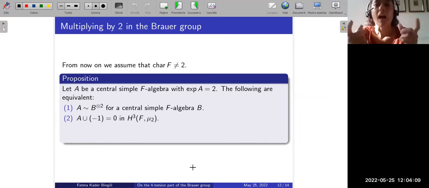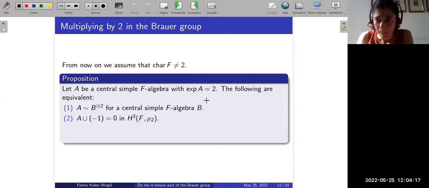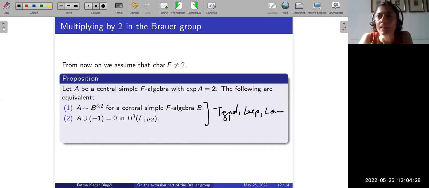Let me stress that this equivalence, also in terms of algebras, has been written in the article of Tignol, Lieb, and Lam.